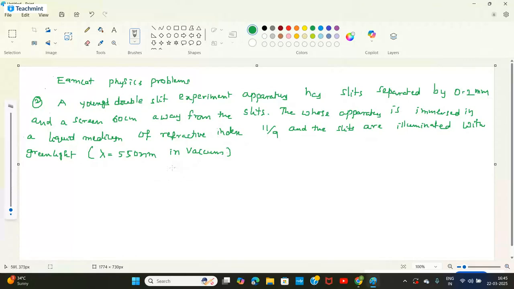Find the fringe width of the pattern formed on the screen.